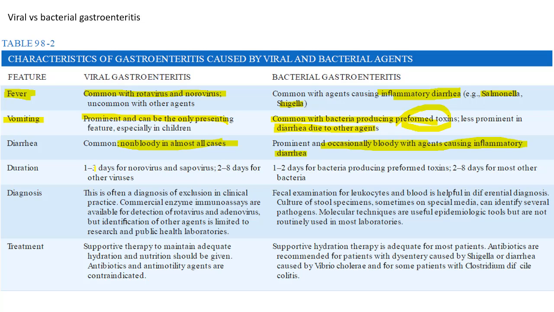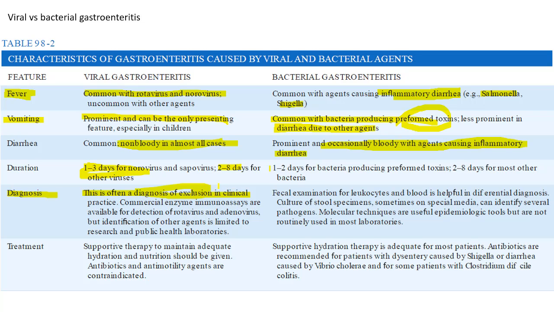The duration now varies. With noroviruses, we said 1 to 3 days, up to 60 hours, and the symptoms can resolve, while for rotaviruses it can take up to a week. And this timeline is actually similar for bacteria. As for the diagnosis of viral gastroenteritis, it's a diagnosis of exclusion.